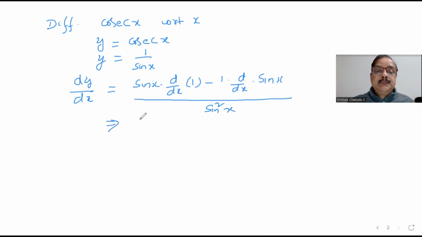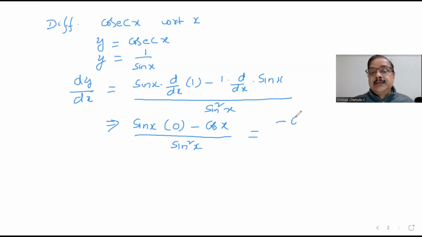So this will become sin x into 0 because d by dx of 1 is 0, minus d by dx of sin x, it is cos x, divided by sin square x. So I can write this as minus cos x divided by sin square x, which you can split it further, cos x by sin x into 1 by sin x.